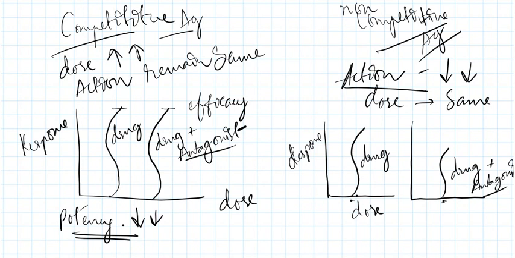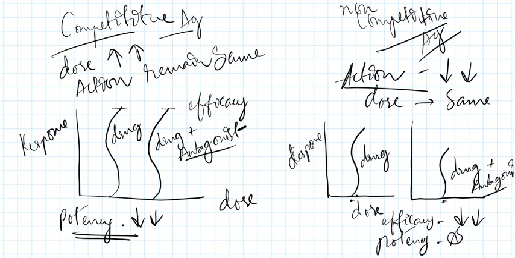The dose is the same in both conditions, without antagonism and with antagonism, but the action is decreased. That means, in other words, the efficacy decreases but potency remains the same.